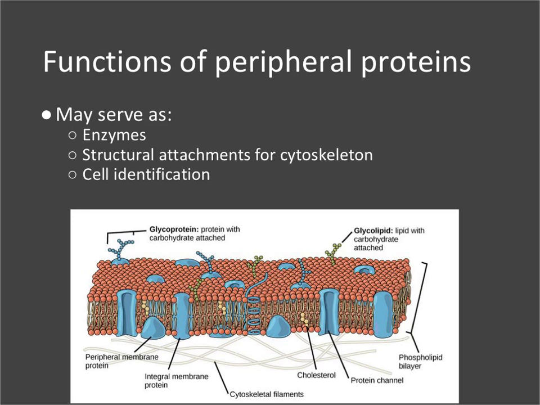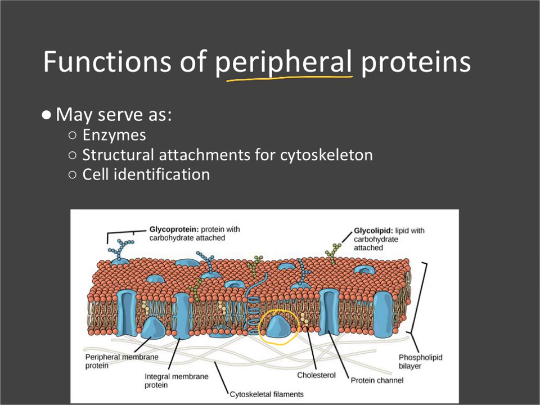Peripheral proteins are ones that are only found on either the outside of the cell membrane or the inside of the cell membrane, but they don't cross the entire phospholipid bilayer like the integral proteins do. So for example, you can see this protein down here is only touching one side of the cell membrane.